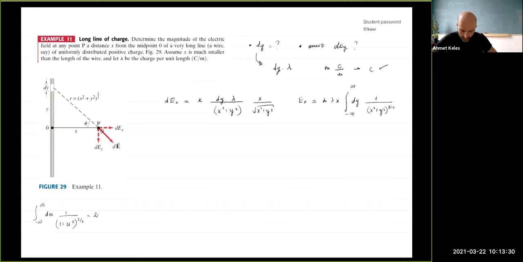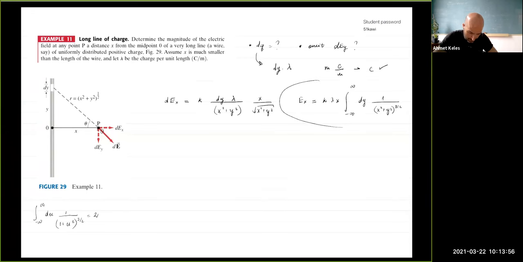Now I want to put this integral in dimensionless form. Let's do this. To do this, I want to take this x out. I'll write it one more time, just for you to see.